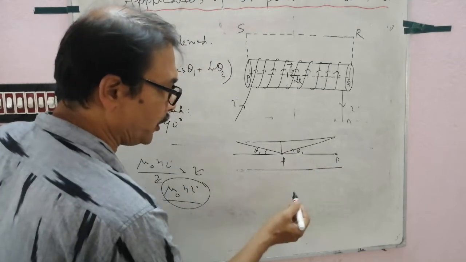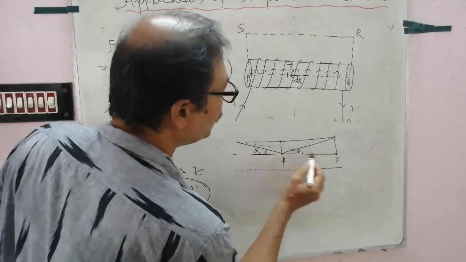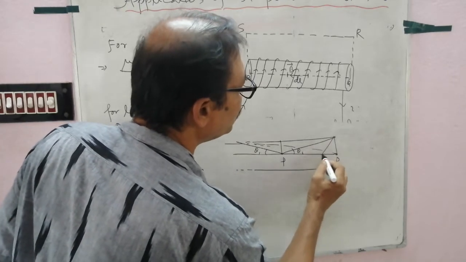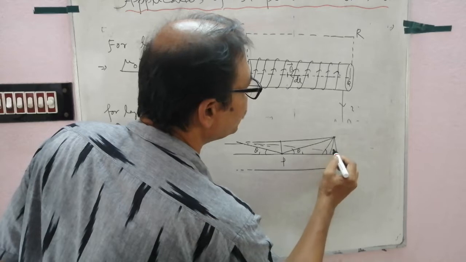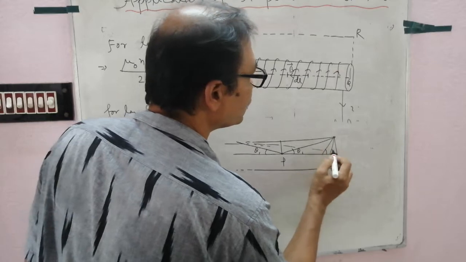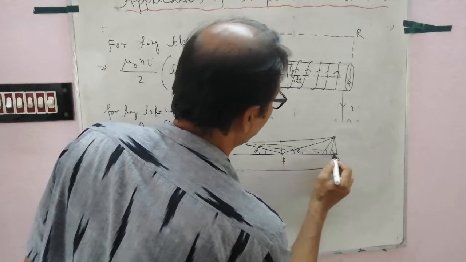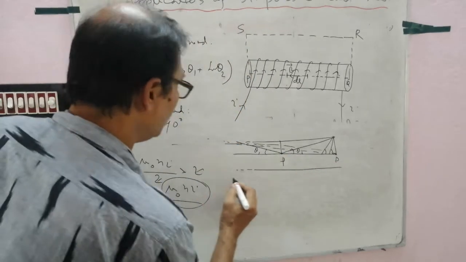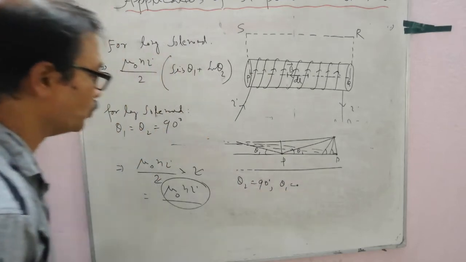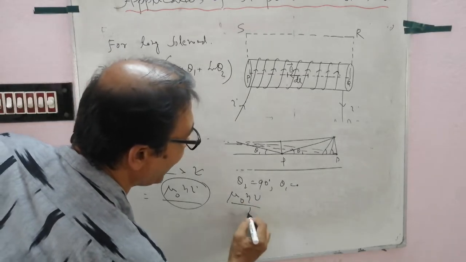At one end of the solenoid, theta 2 is at this point and this point. So theta 2 is equal to 90 degrees and theta 1 is equal to 0. So at one end, the result will be mu 0 Ni by 2. Clear?